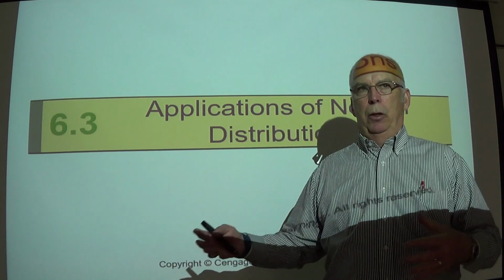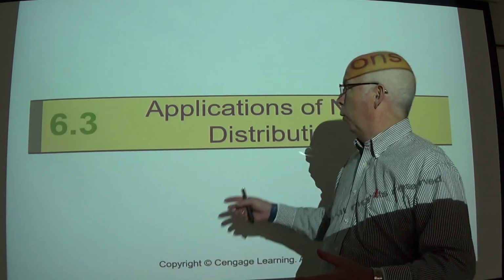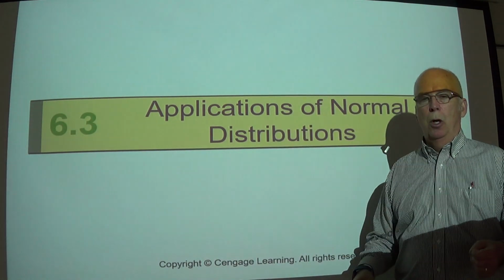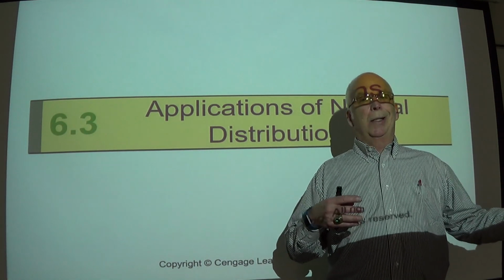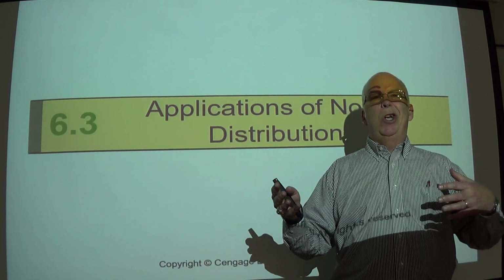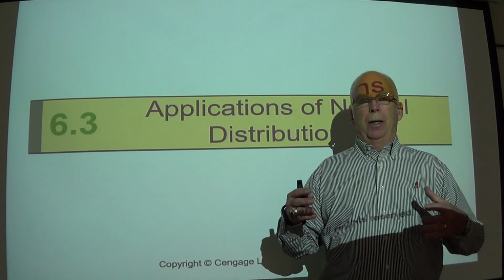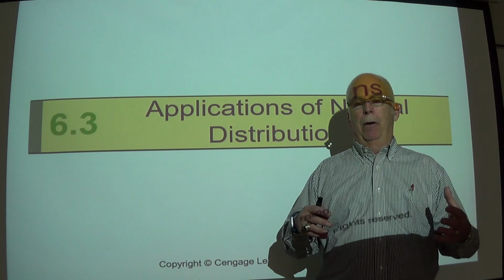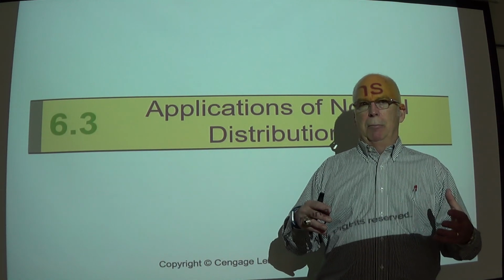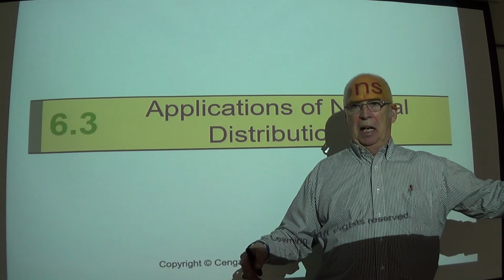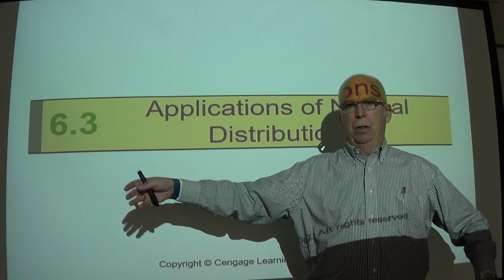And just in a nutshell, to summarize what we're going to talk about today with this applications of normal distributions, we're going to be doing what you did in section 6.2 with generic scenarios, calculating area and probability under the curve using z-scores from -3.5 all the way over to +3.5.